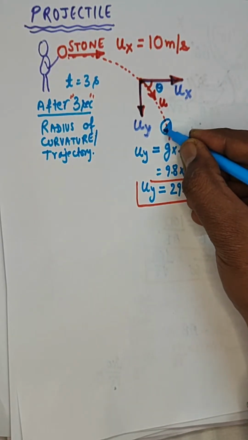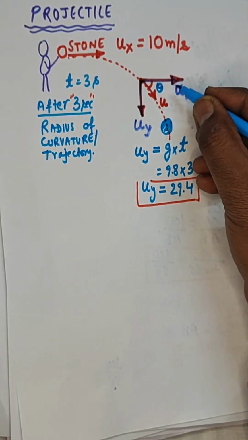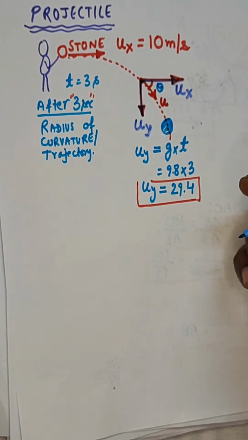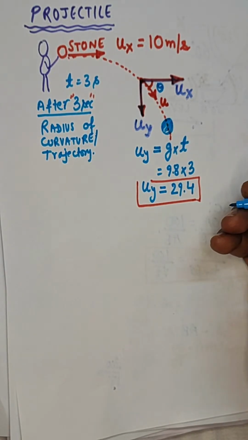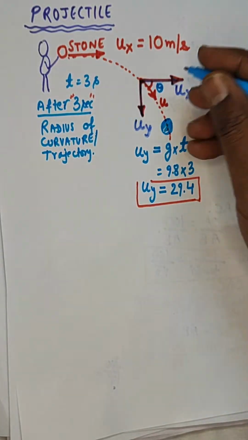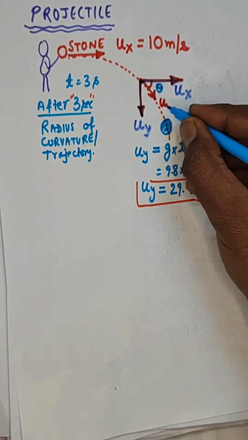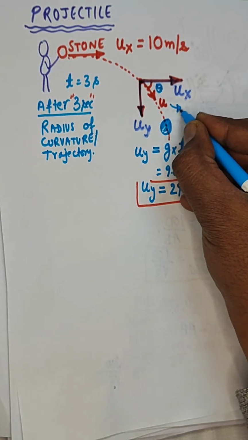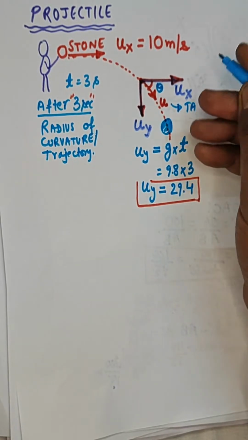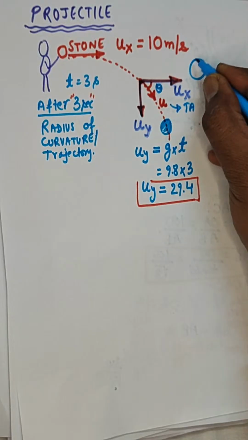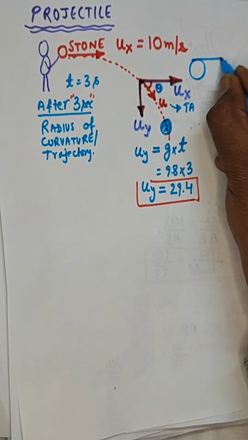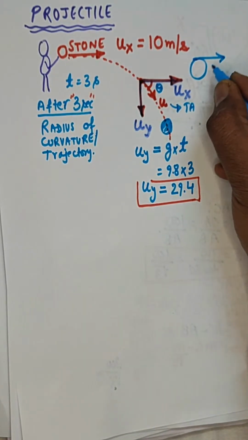Now, my dear friends, here you can see the acceleration normal to the tangential velocity. What is the tangential velocity? If this is the path, this is the tangential velocity, the tangential component. Suppose you are making a circle and drawing a tangent like this. So this is your tangent.